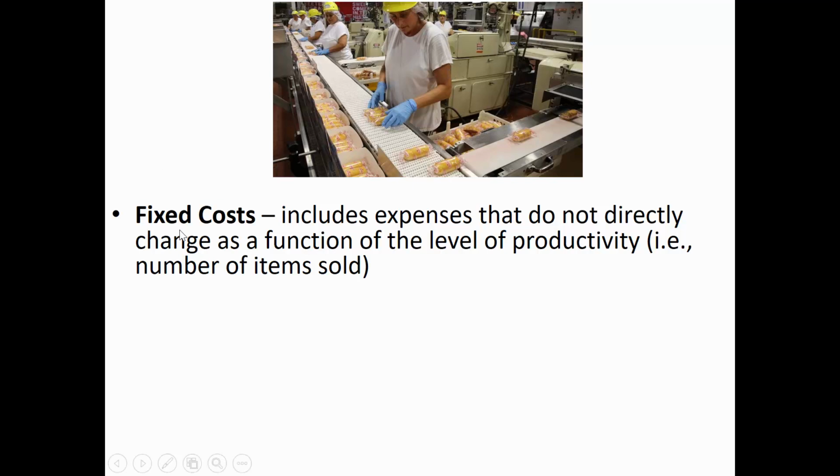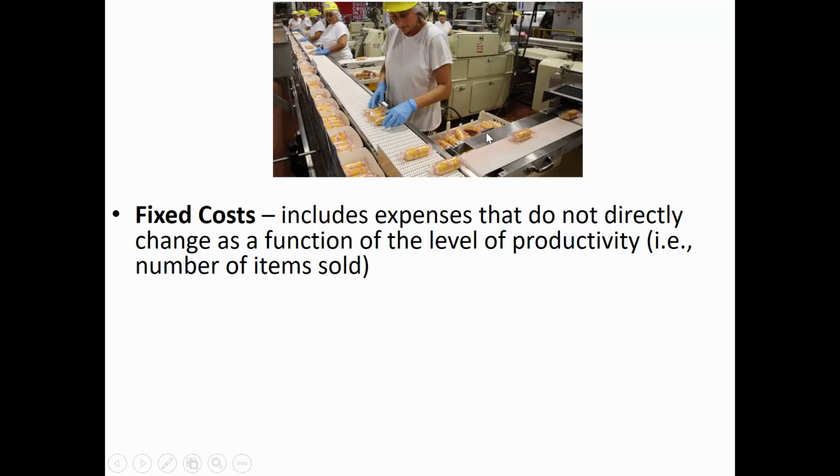Remember, we've talked about fixed costs. Fixed costs are defined as the expenses that don't change with the amount of production. In the case of this picture, the fixed costs would be the machines that we see in the background, because even if those machines aren't running, the company still had to buy them.